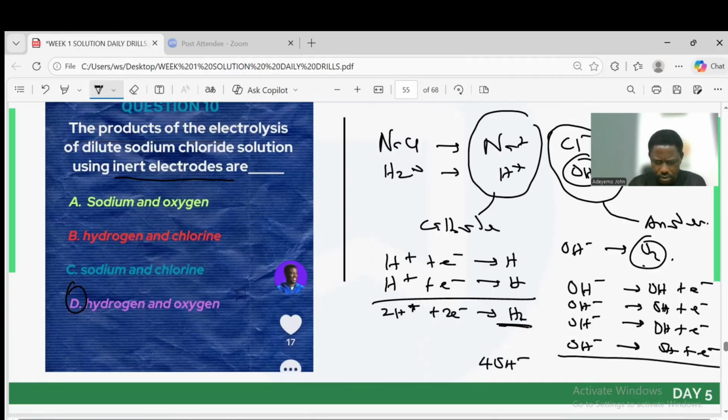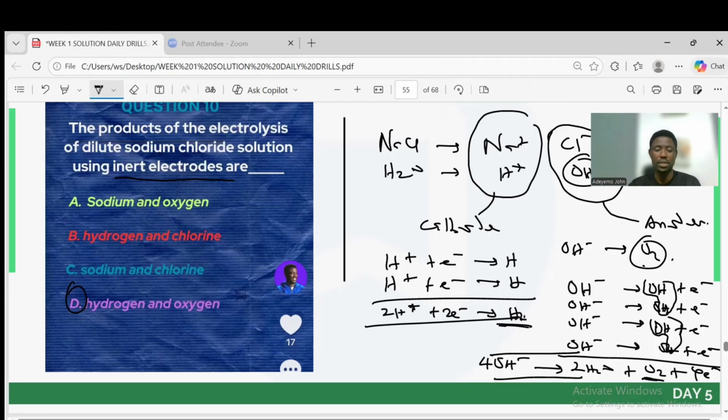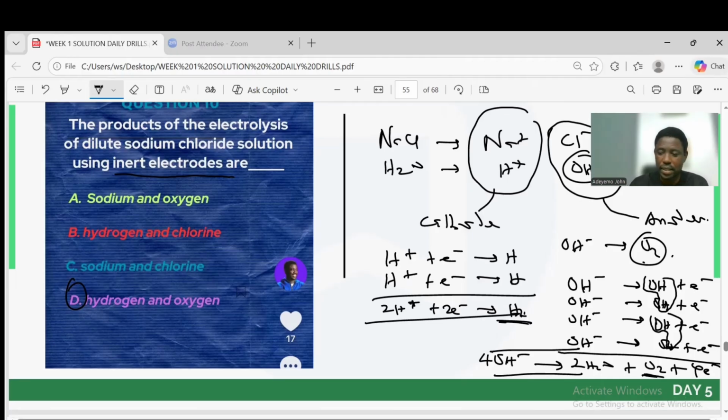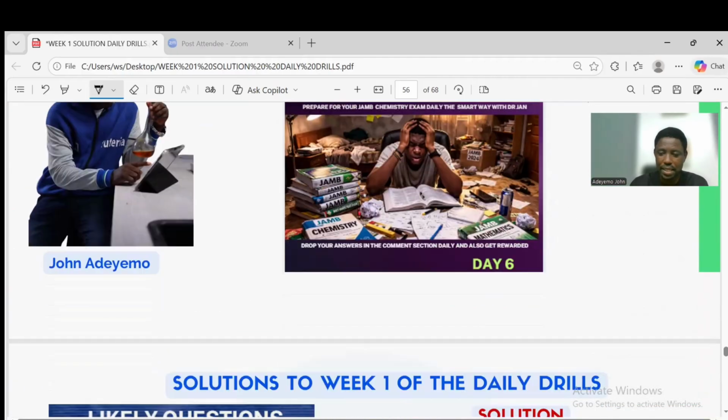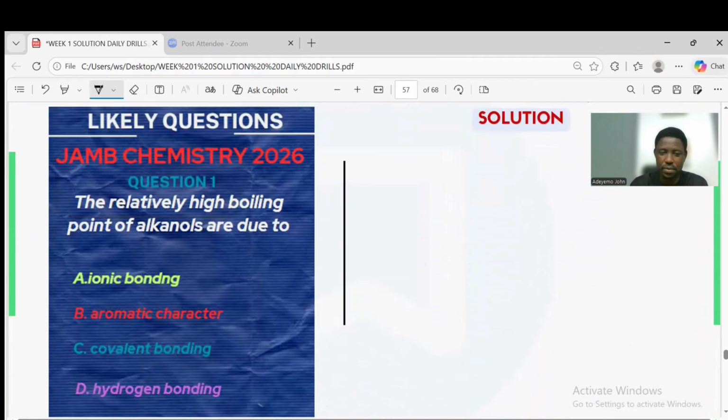I have 4 OH minus. Very simple. OH and OH give H2O, and another OH and OH give another H2O, so that is 2H2O plus O2 plus 4 electrons. So this is the anodic half equation, while the other is the cathodic half equation. So hydrogen and oxygen are given off. That's electrolysis. All right, the last part, which is day 6, we have 10 questions down.